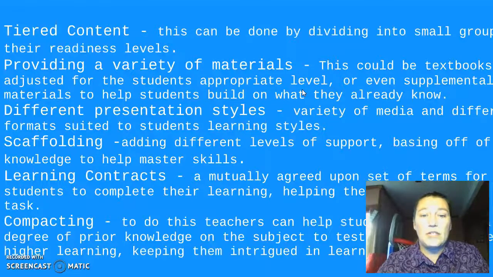Different presentation styles, a variety of media in different formats suited to students' learning styles. One of my favorite things that I've been learning about through a few semesters now is doing just like this, a presentation for the students.